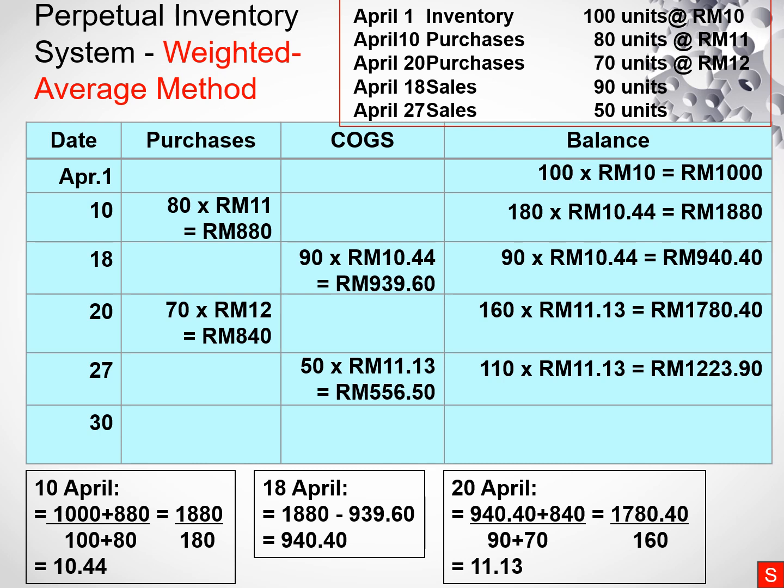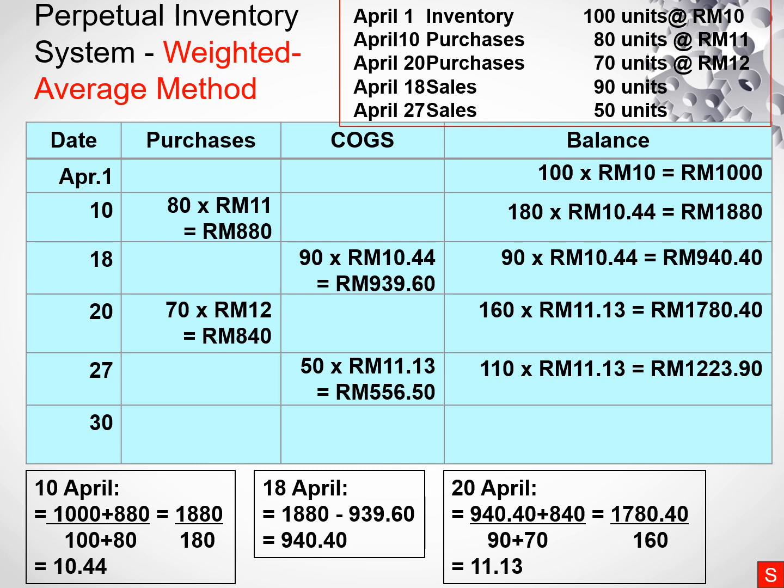The cost is 1780 and 40 cents minus 556 and 50 cents equals to 1223 and 90 cents. And the cost per unit maintain 11 ringgit and 13 cents.